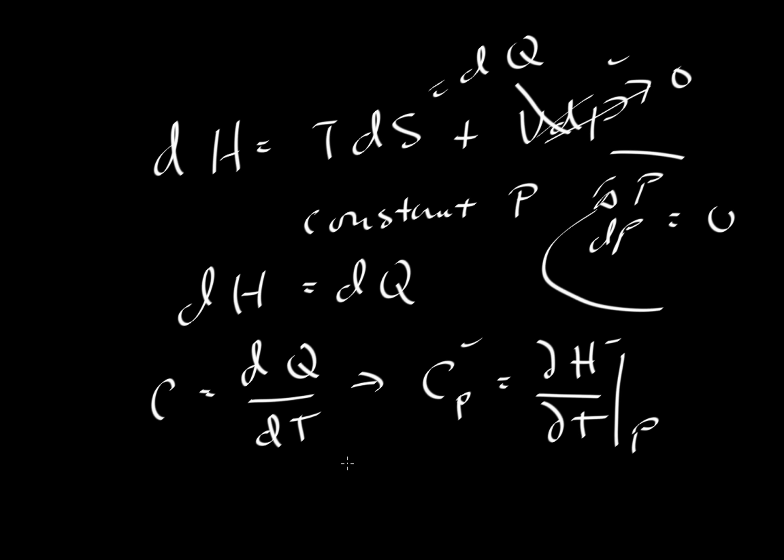And the way we would usually do this in experimental studies is we would actually have a finite change in enthalpy over a finite change in temperature. But of course, this is all being done at constant pressure. So the CP, the heat capacity under constant pressure, this is the fellow we usually use in petrology, geochemistry, and various other places in the chemical world.